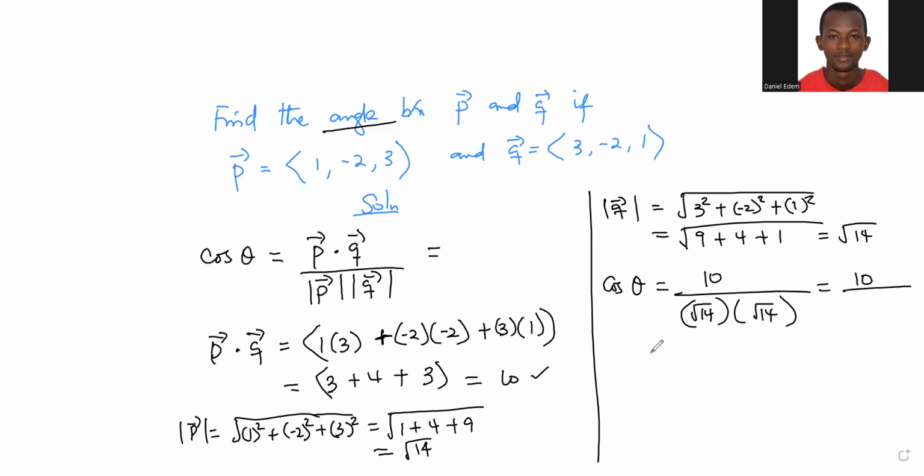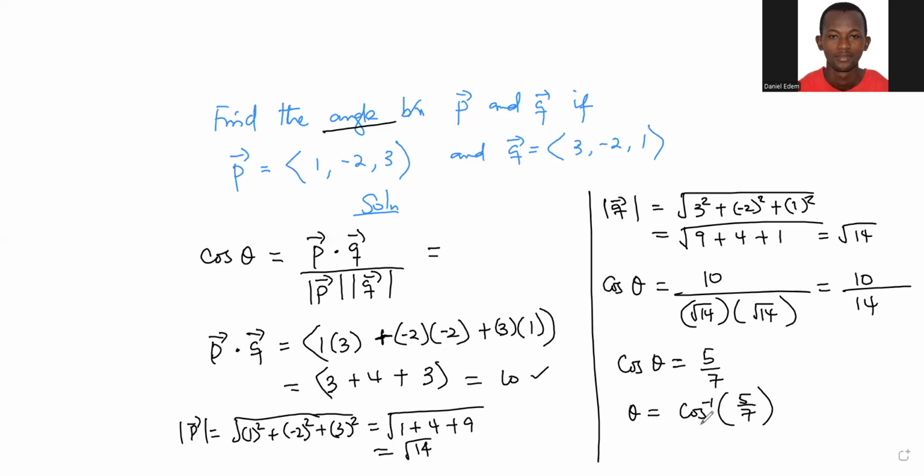And square root of 14 times square root of 14 is 14. So 2 into 10 is 5 and 2 into 14 is 7. So theta will be the cos inverse of 5 on 7. And with your calculator, you will be able to get an answer.